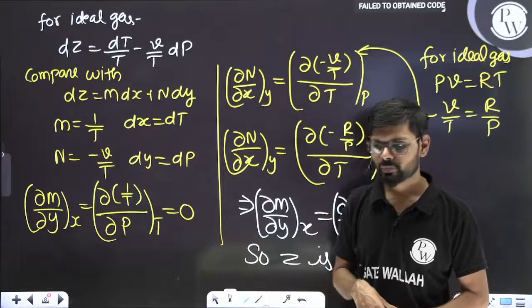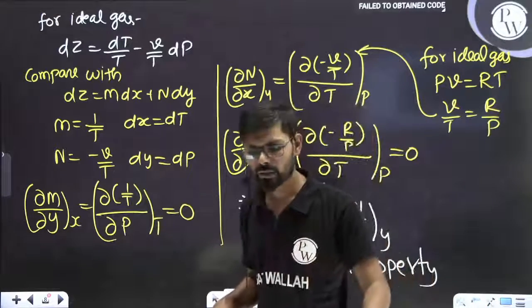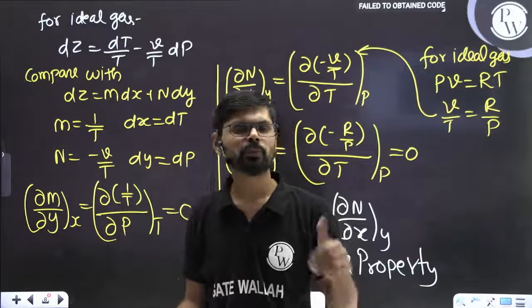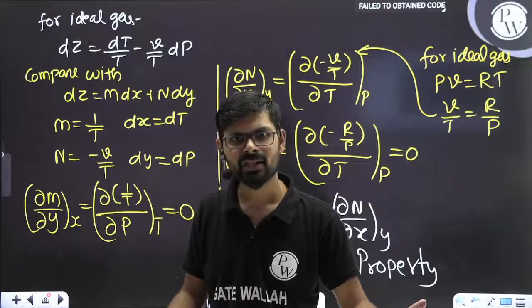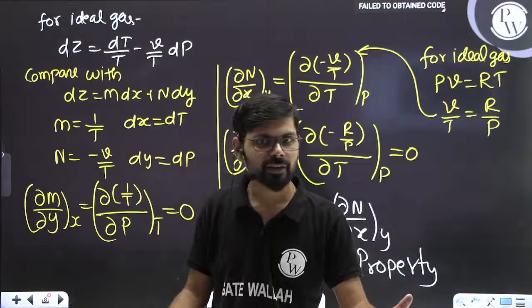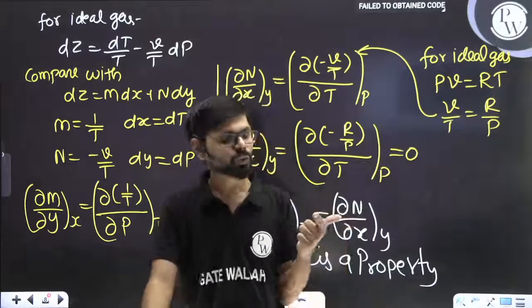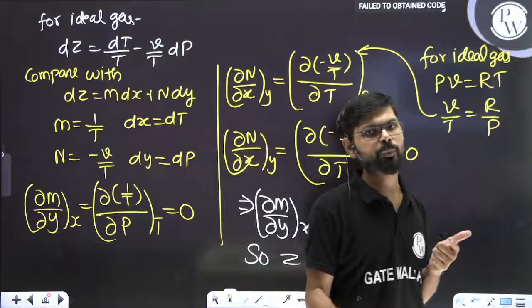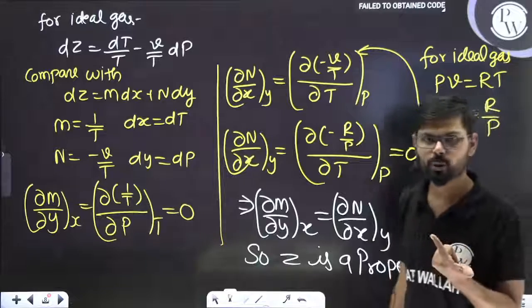So the things which you have to remember about the thermodynamic property: thermodynamic properties are the characteristics by which the system can be identified. The second thing, there are two types of thermodynamic property: intensive property and extensive property.